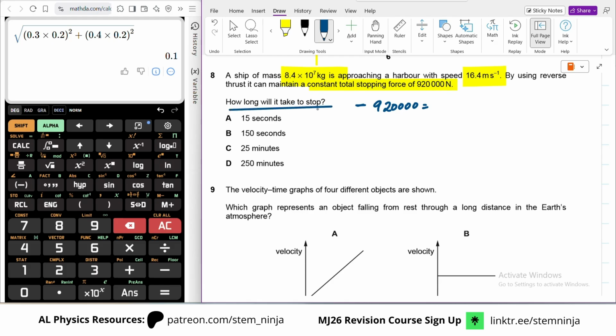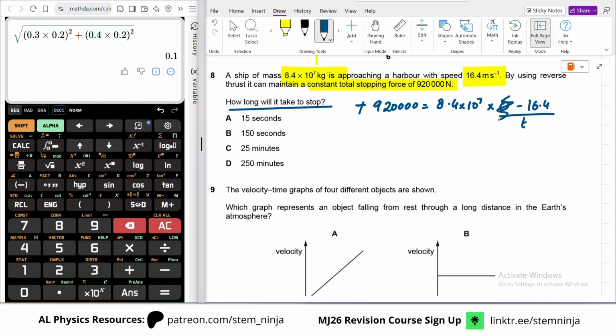How long will it take to stop? Okay, instead of a, we can use v minus u over t. So 8.4 times 10 to the power 7, instead of a, we use v minus u, so 0 minus 16.4, divided by time. So the minus will cancel out because this 0 will go away.